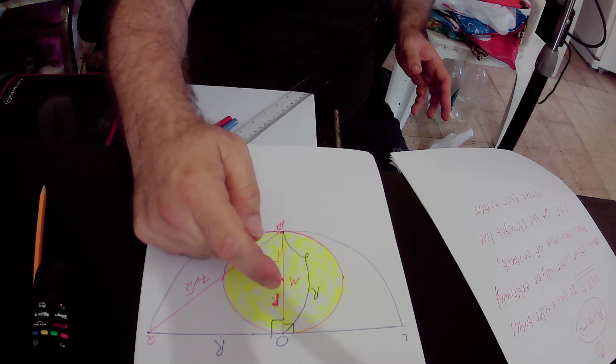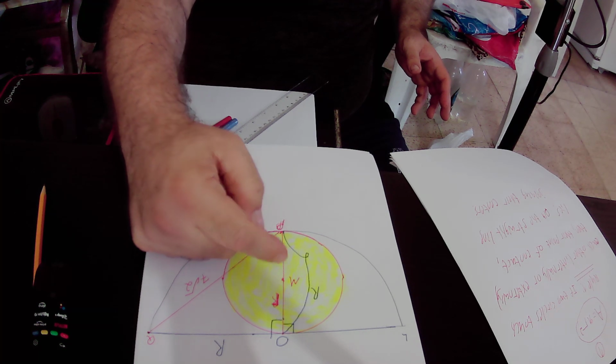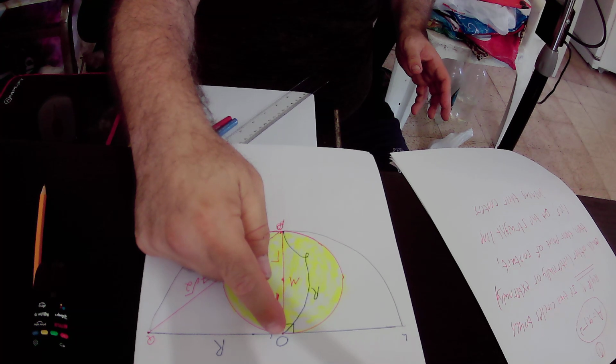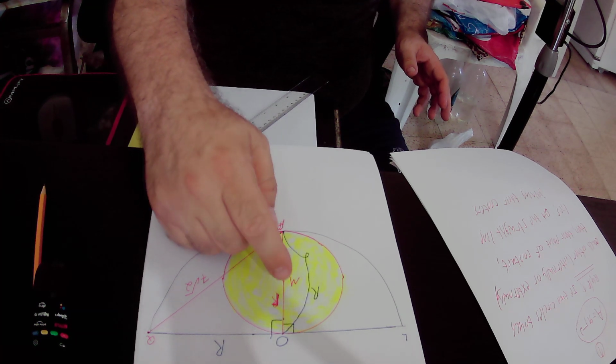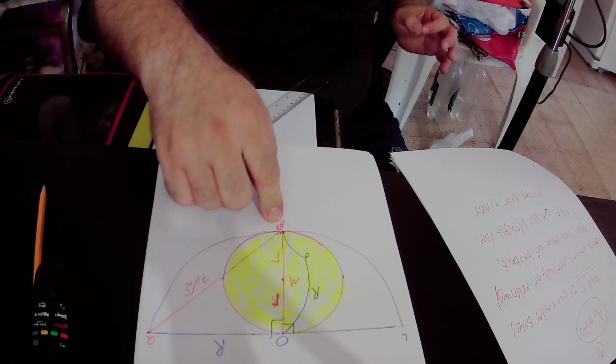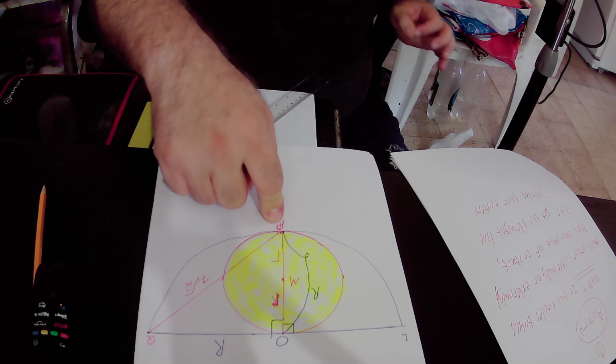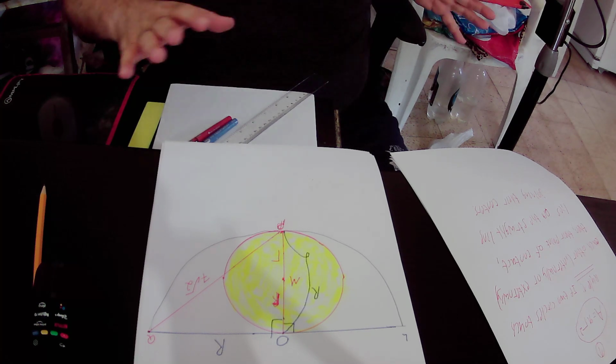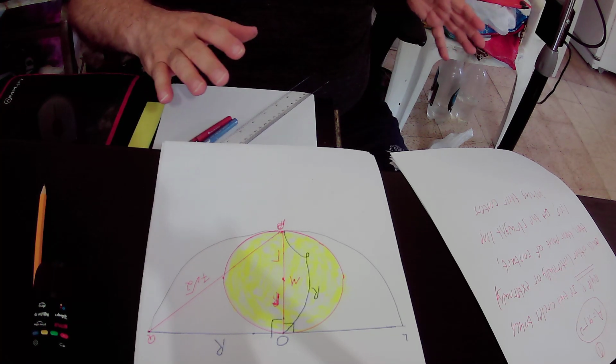Why? Because OP starts from the center of the semicircle, point O, and ends at point P, a point on the semicircle itself, and that is exactly the definition of a radius.